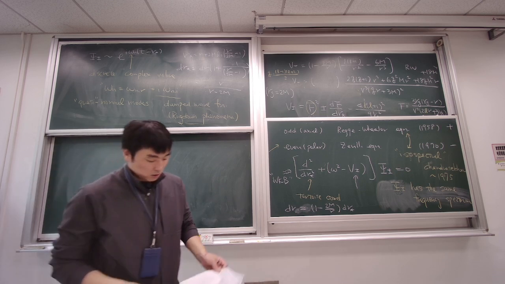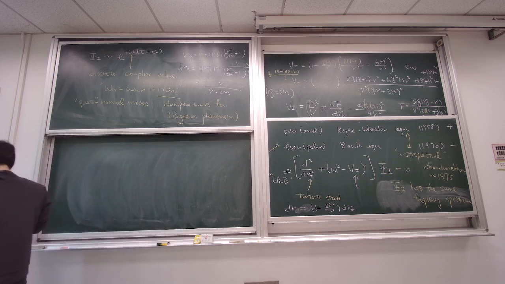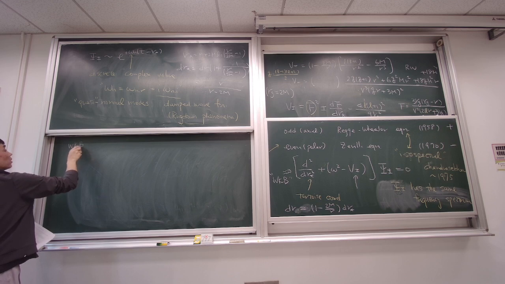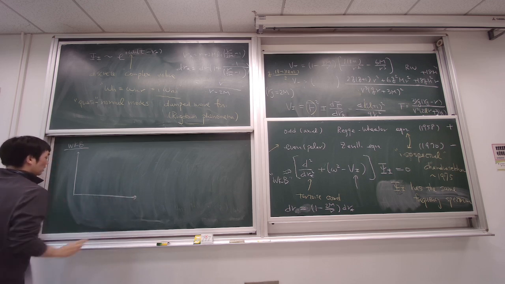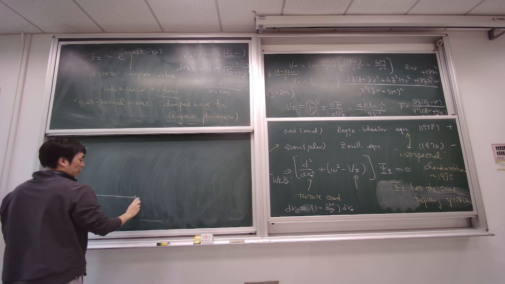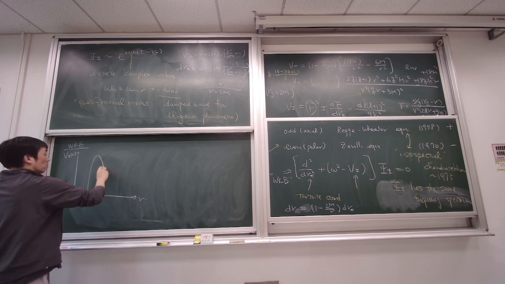Okay, so let's do the WKB approximation. So what is the WKB approximation? What we are going to do is something like B plus minus of r, and here is r, and this is 2m, in this way.